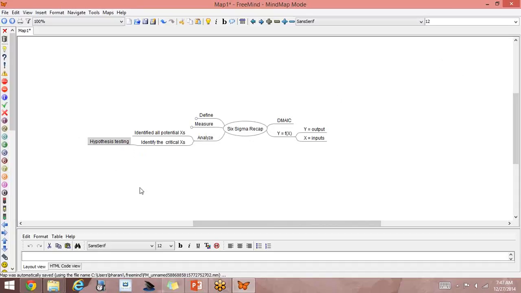So those two we need not again discuss here. So in short, hypothesis testing and regression would form the pillars of your Six Sigma analysis or any analytics for that case. Once we analyze, the output is the list of critical inputs.